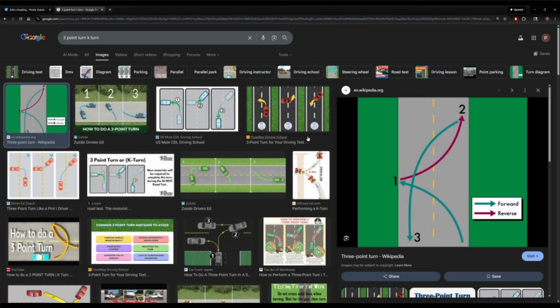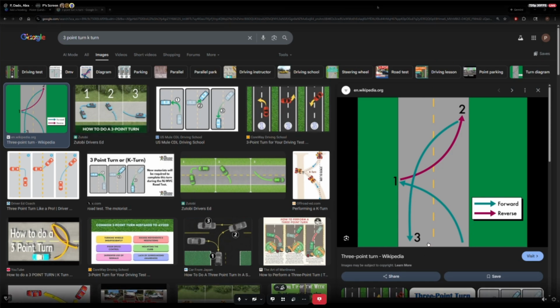Exactly. So think of it like that. Like the lane that you're driving in, in that picture, for example, when it goes to number one. Think of the first lane that you're in being bullish and the other lane being bearish. In order for price to change directions and go bearish, we have to do a 3 point turn.